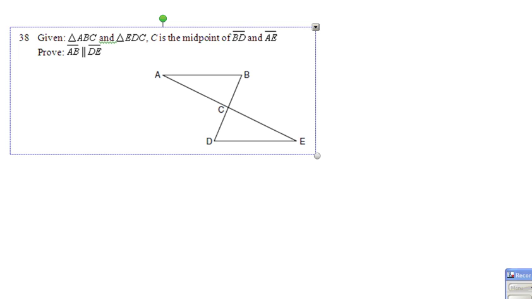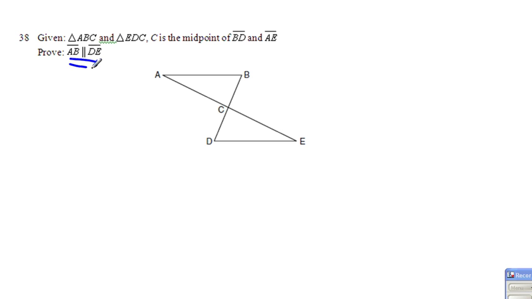All right. How to prove that these two lines are parallel? Parallel many times implies that alternate interior angles are congruent. So here we have midpoint BD. It means this line segment is equal to this one. AE also, therefore this must be equal to this one.